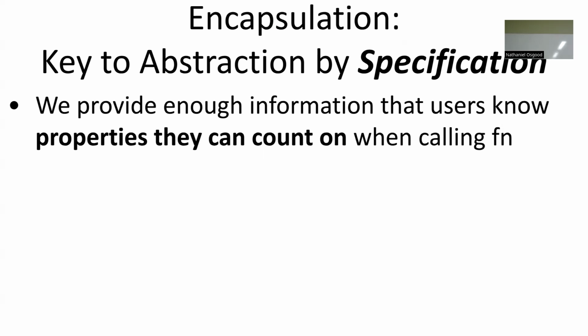So here, in abstraction by specification, I'm going to provide information about abstraction, adding two vectors or sorting an array, that ensures the user of certain properties they can count on, we're calling it.